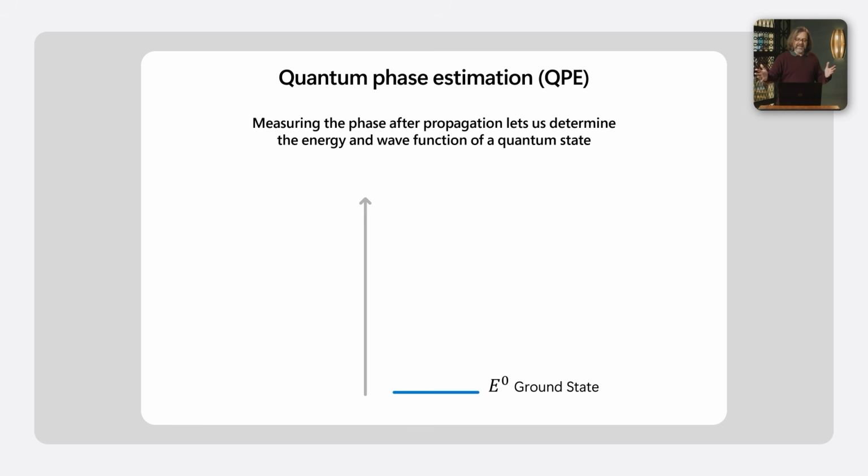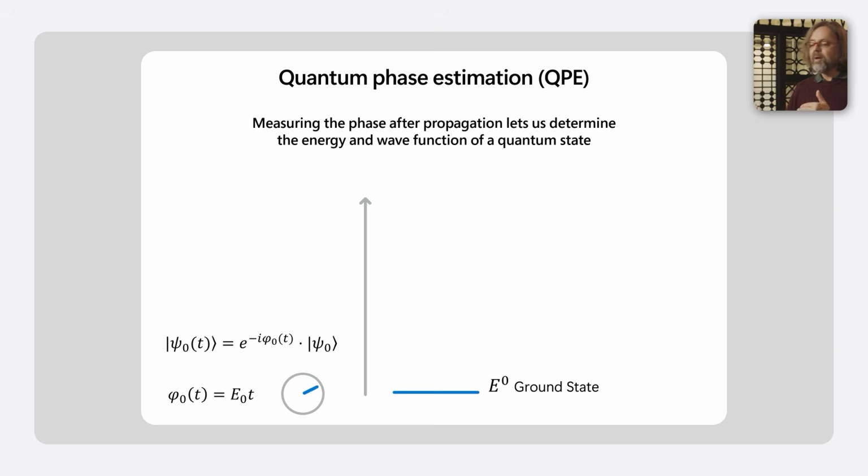When I'm in the ground state of the molecule, then the wave function, as evolved in time, picks up a phase. That is the energy times the time. Nothing else has changed, it just picks up that phase. And if you could measure the phase, I would know the energy. The excited states also pick up phases proportional to the excited state energy.